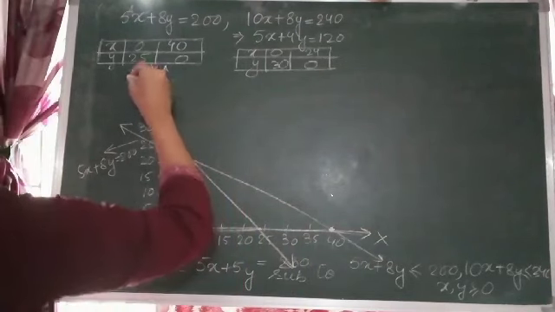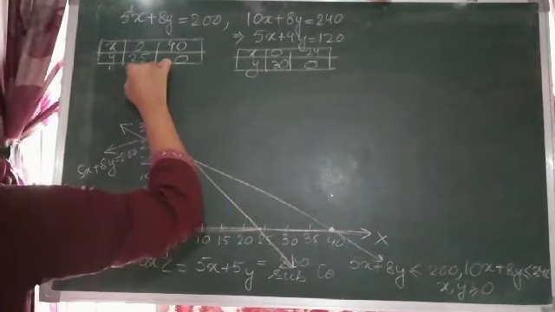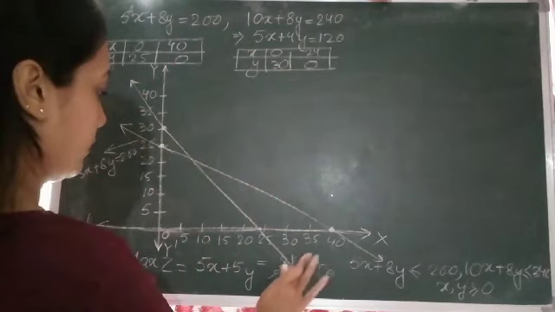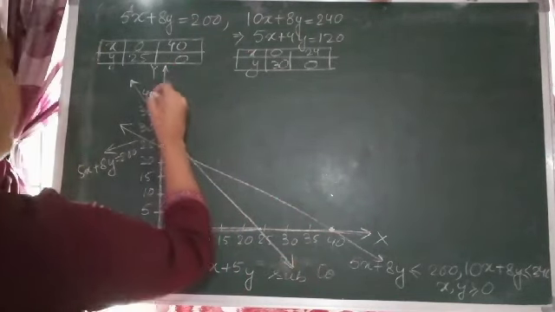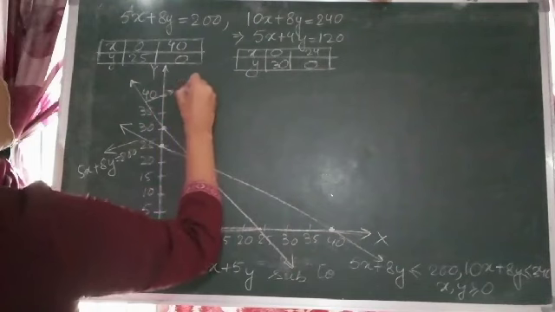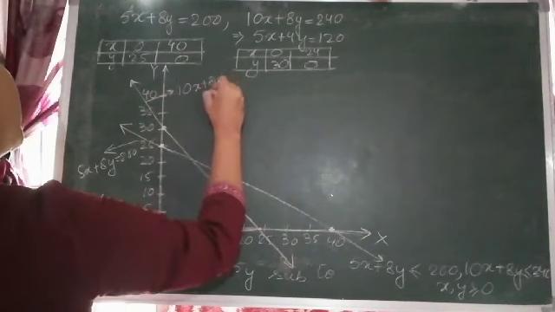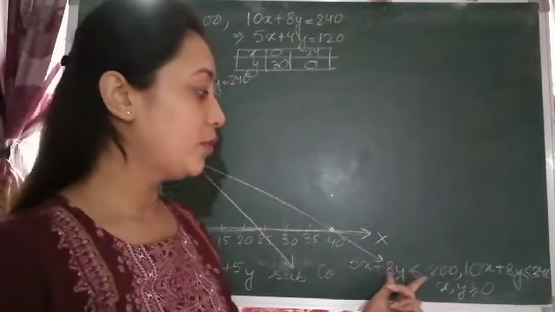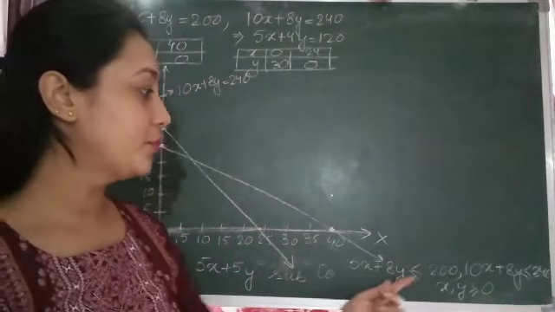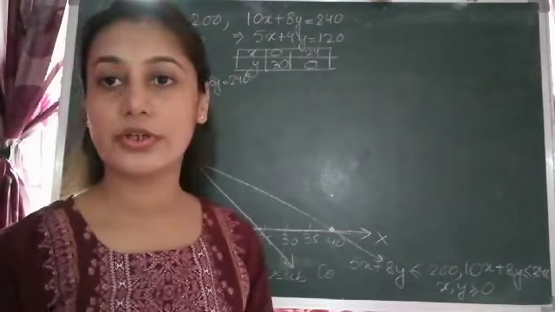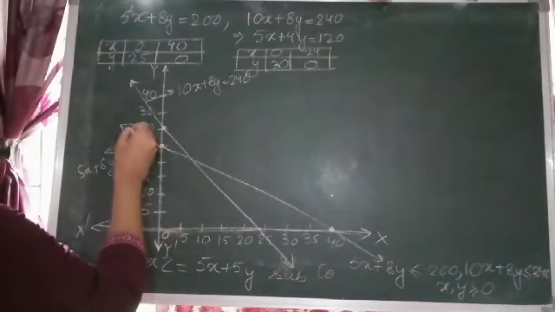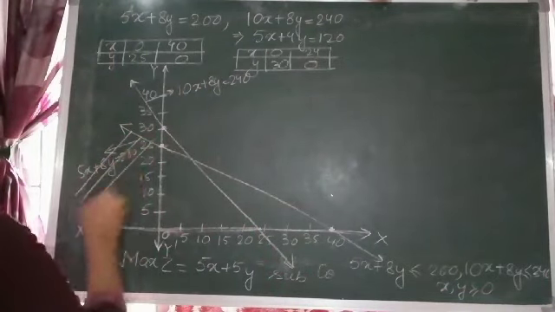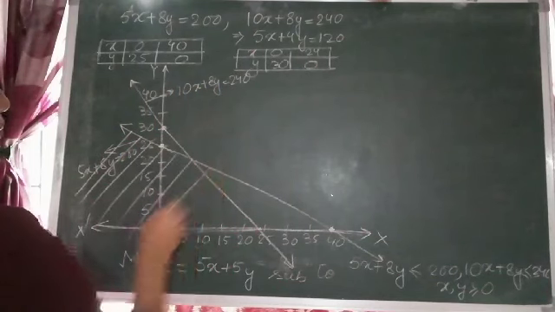So this is the graph of the second equation, that is 10x plus 8y equals 240. Okay, now shade it. 0 plus 0 less than or equal to 200. Yes, it's true. 0 plus 0 less than or equal to 240. This is also true. We have to shade that part, that is towards the origin for both.